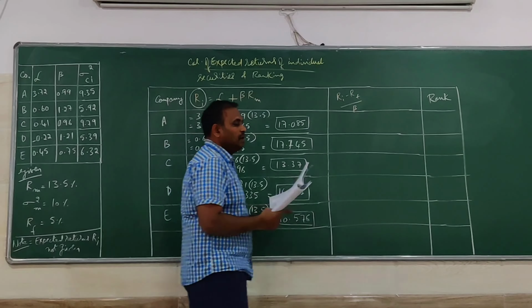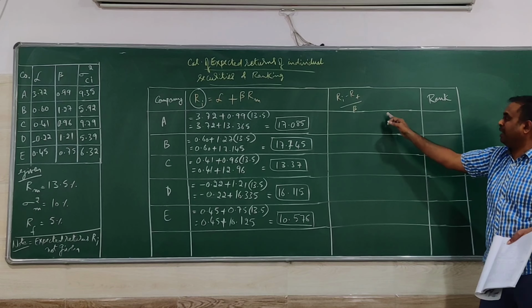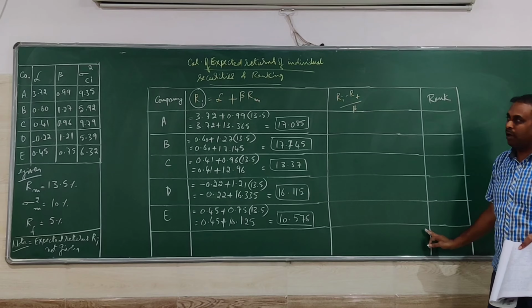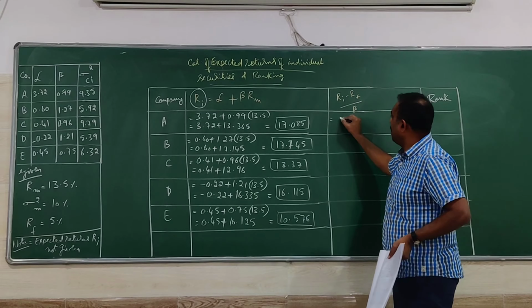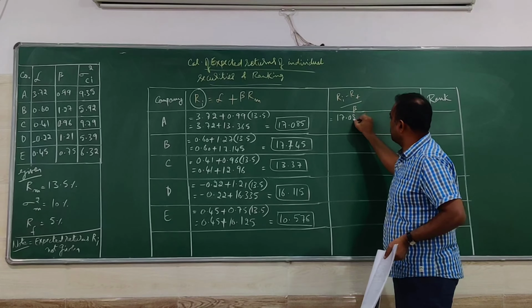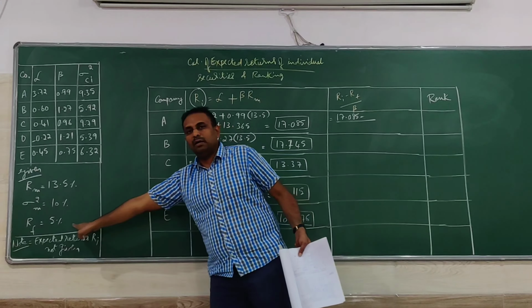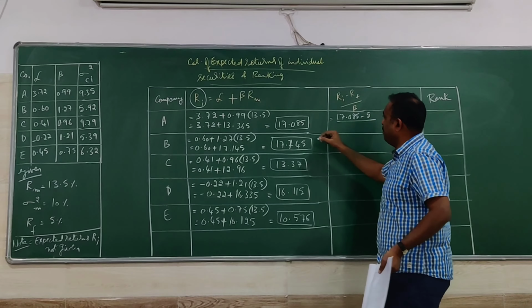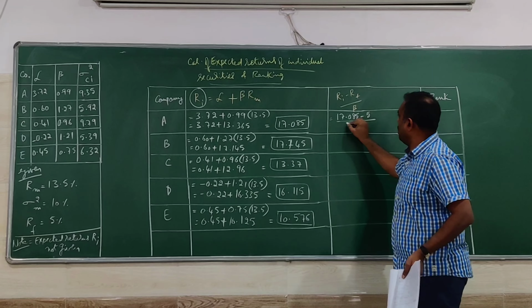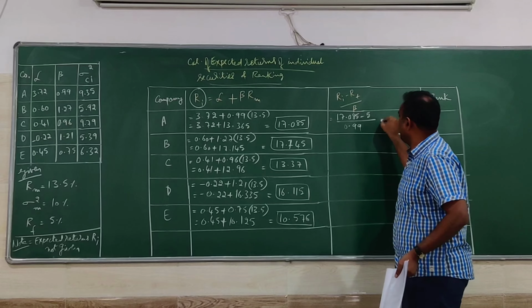After having this, we have to go for excess returns calculation with beta, then only we can go for ranking. So let me find out the excess returns now. RI for A, 17.085 minus RF, that is the minimum rate of return, that is 5. Beta for the first one, A, is 0.99.